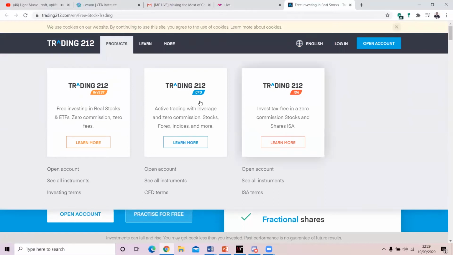Depending on the one you wish to use, but for you guys that want to invest in the stock market, I think what you should use is the Trading 212 Invest. So I'm going to click on it, and it will take you to that page where I was initially.